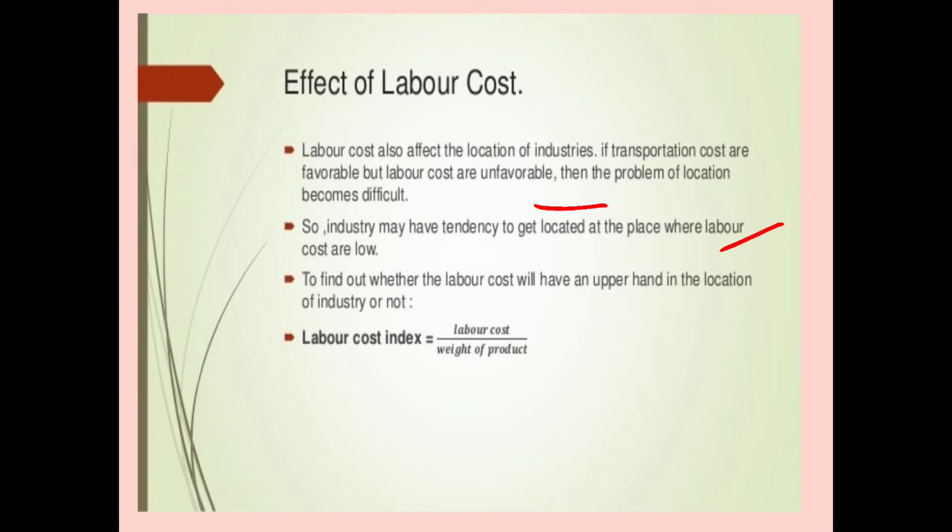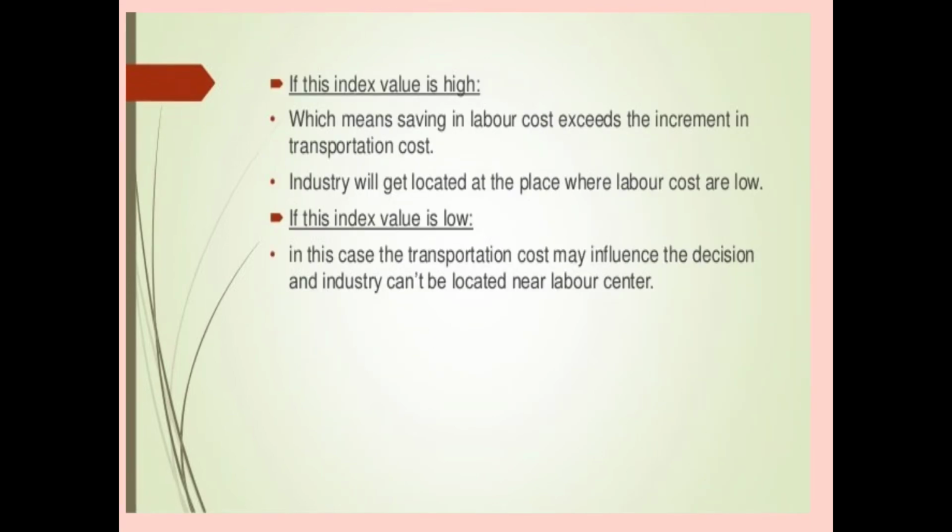To find out whether the labor cost will have the upper hand in the location of industries or not, labor cost index is equal to labor cost divided by weight of product. If the index value is high, which means that the labor cost exceeds the increment in transportation cost, then industry will be located at the place where the labor costs are low.